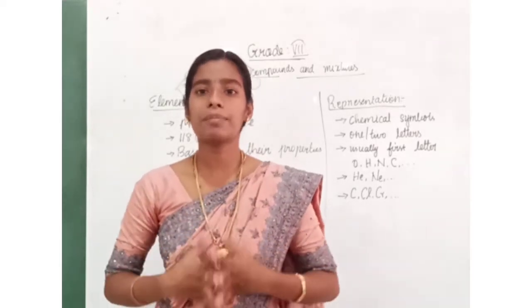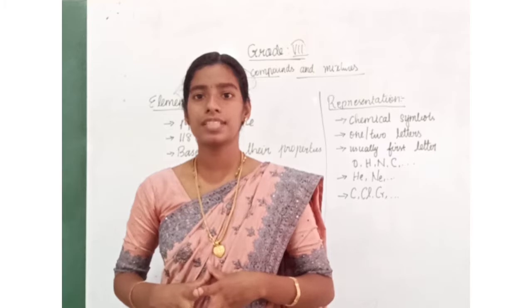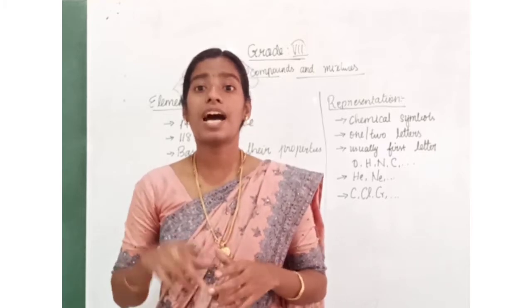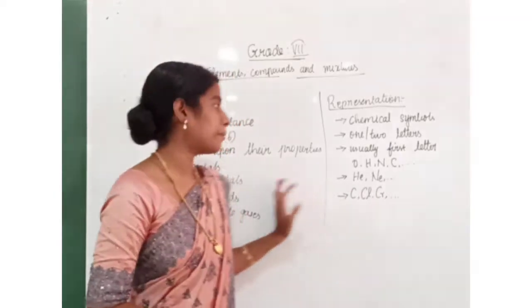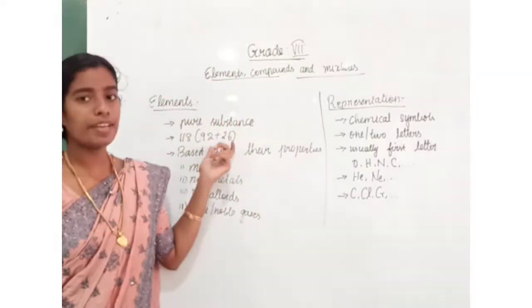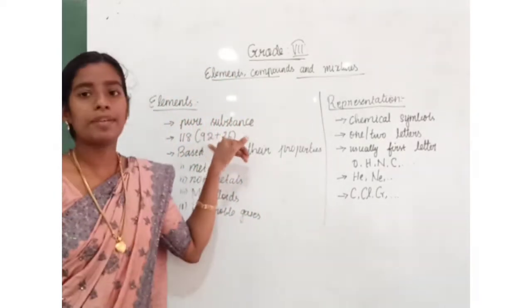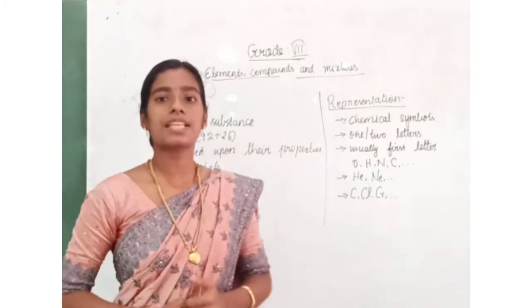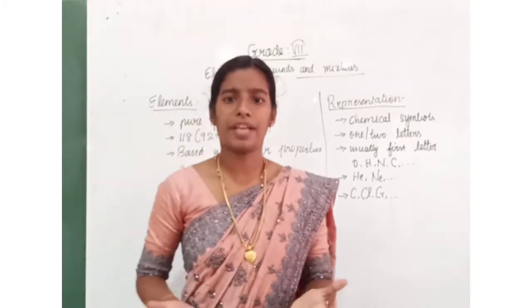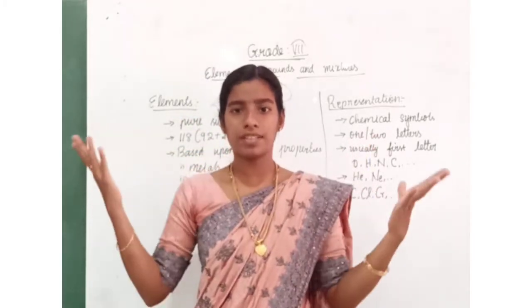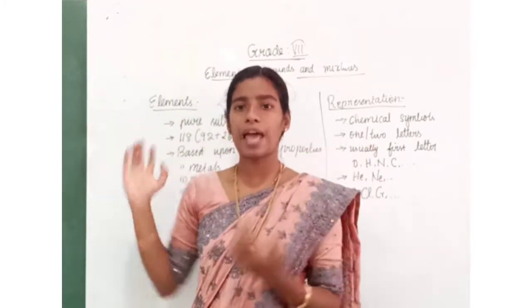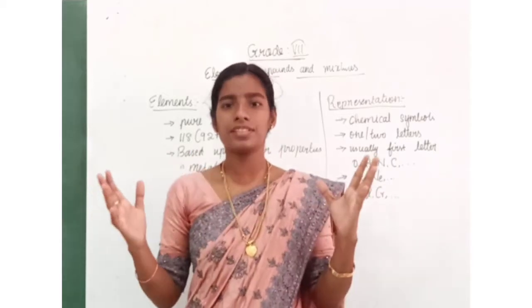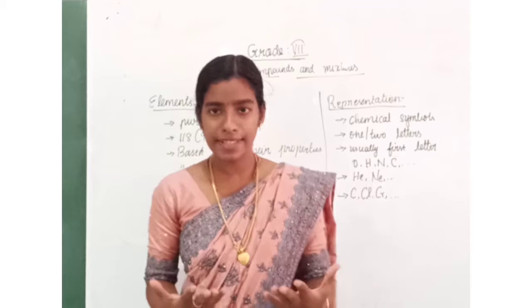Then, how many elements do we have in the world? Yeah, very good. We have 118 elements, out of which 92 elements are natural and 26 elements are man-made. Whatever we see in this world, for example, chalk piece, blackboard, chair, table, food items, are called matter.